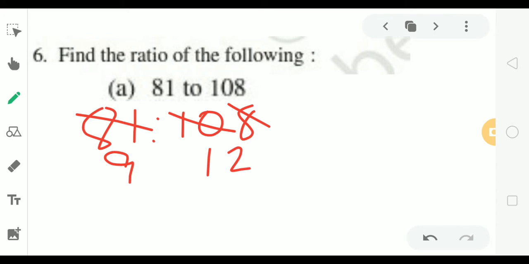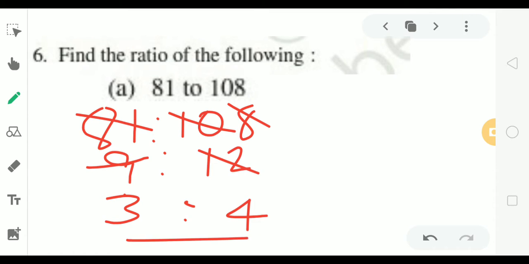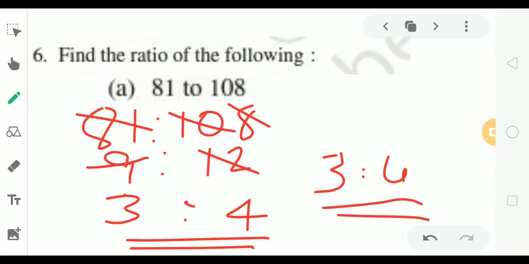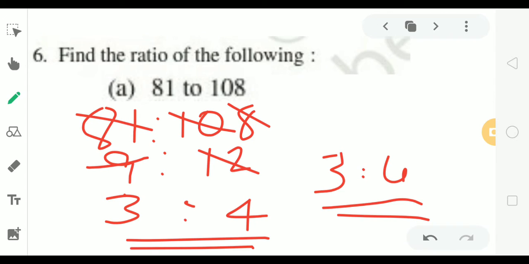So 9 is to 12. 9 is to 12 can further be reduced. 9 and 12 in the 3 table, 9 three times, 12 four times. So the simplest form is 3:4. So 3:4 is the simplest form of 81 is to 108. In the previous class I taught you that when we write a ratio, we have to write the ratio in the simplest form.